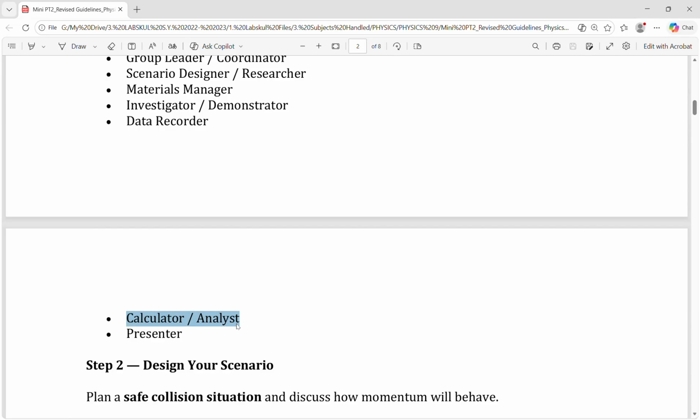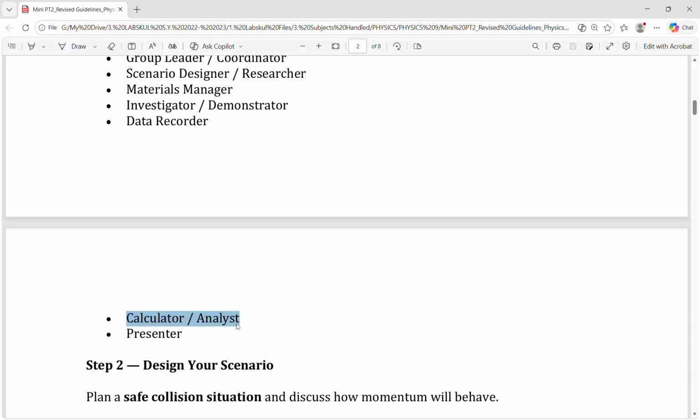Solve for the total momentum before the collision and the final velocity of one object, and based on those solutions, verify whether the total momentum before the collision and the total momentum after the collision are the same. If you have proven that, then you have achieved the objective.